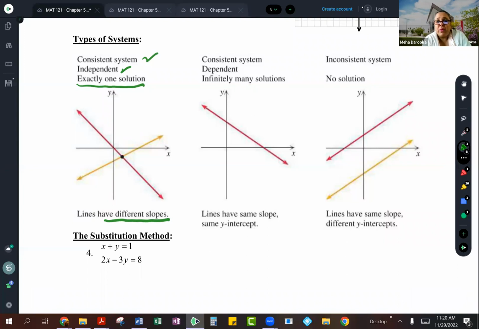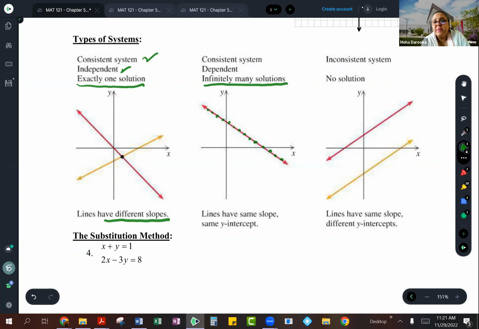Then you can have the case where the two lines end up becoming the same line. That is what we call overlapping lines, or, like I said, they can be the same line. In that case, every single point on your line is common between both, so you end up having infinitely many solutions.